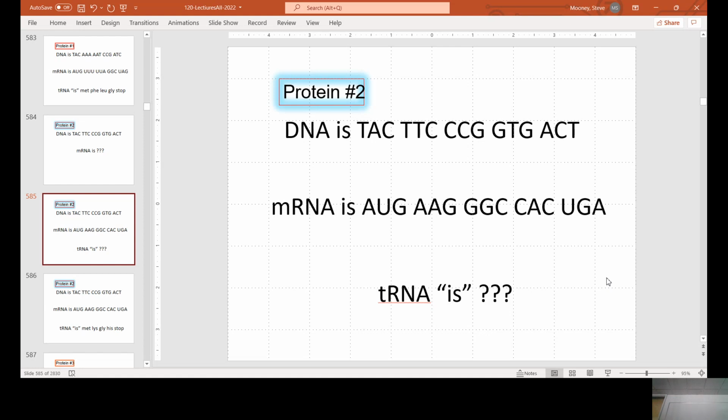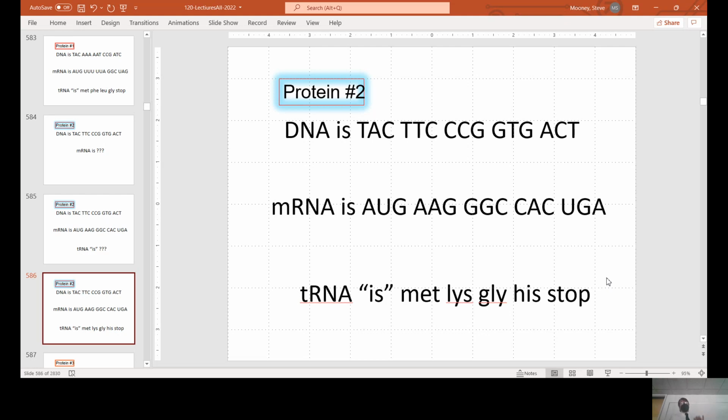Pairings continue up, doing our transcription. A pairs with U, T pairs with A, C pairs with G, G pairs with C. So that's our messenger RNA. That's what's going to go in the ribosome, and that's where the translation is going to occur.